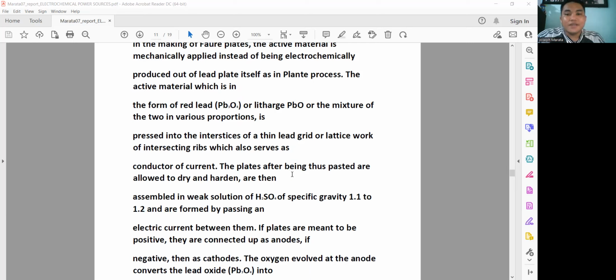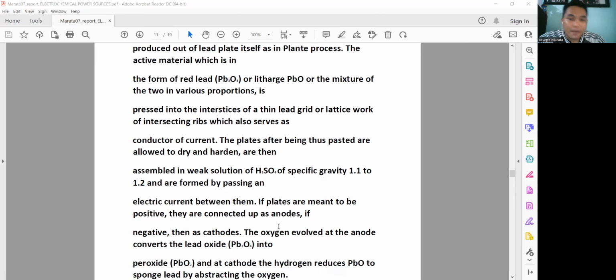The plates, after being thus pasted, are allowed to dry and harden, and are then assembled in a weak solution of H2SO4, which is sulfuric acid, of specific gravity 1.1 to 1.2, and formed by passing an electric current between them. If plates are meant to be positive, they are connected up as anodes.